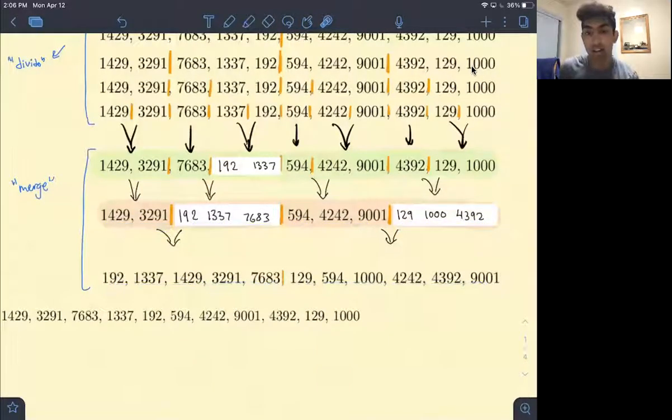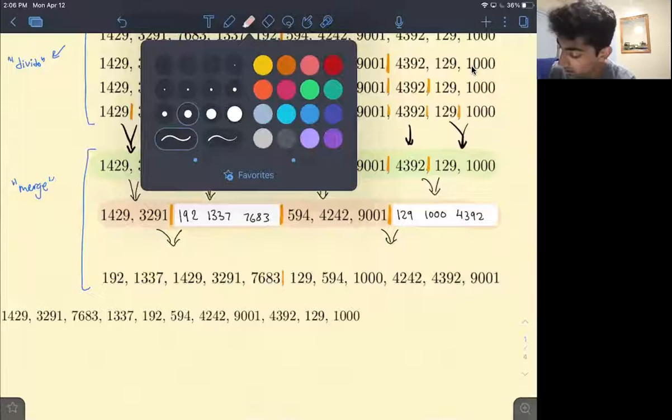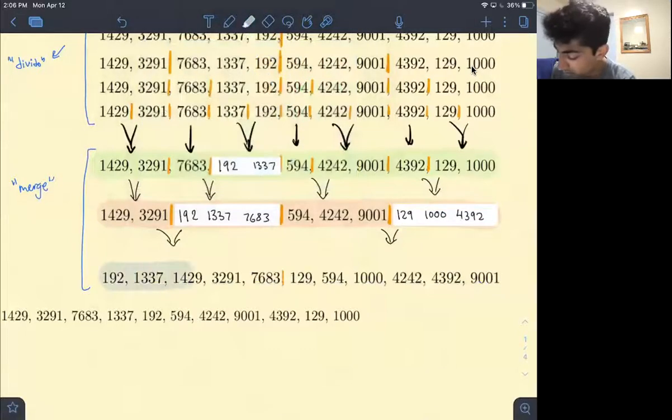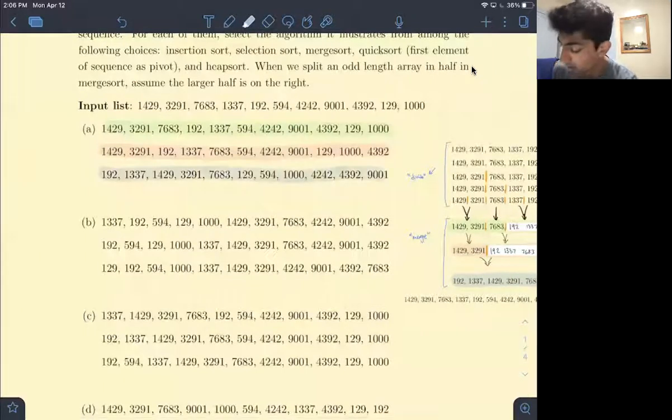And what we can quickly convince ourselves is that this indeed is, let's use this color, the last choice here. So that is a very rigorous walkthrough of part A.